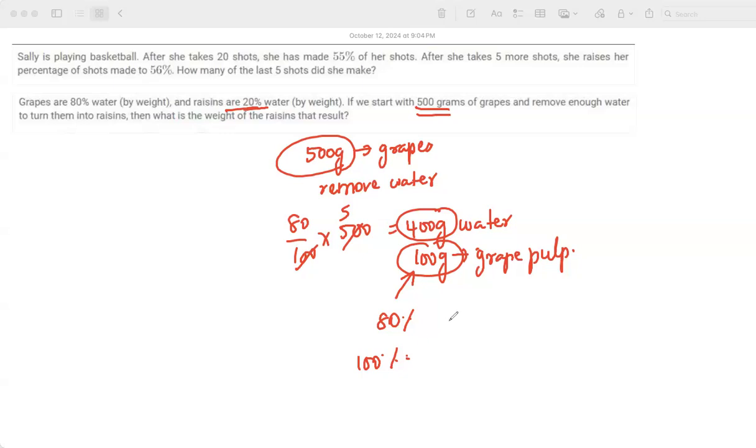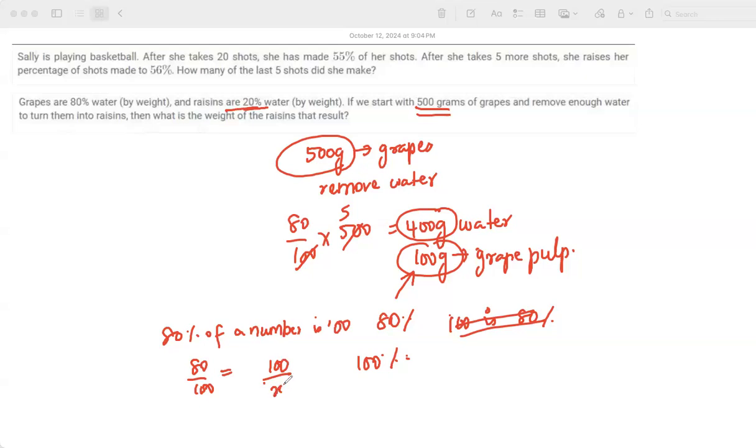So 100 grams is 80% of a number. 80% of a number is 100. So 80 by 100 will be equal to 100 by x.